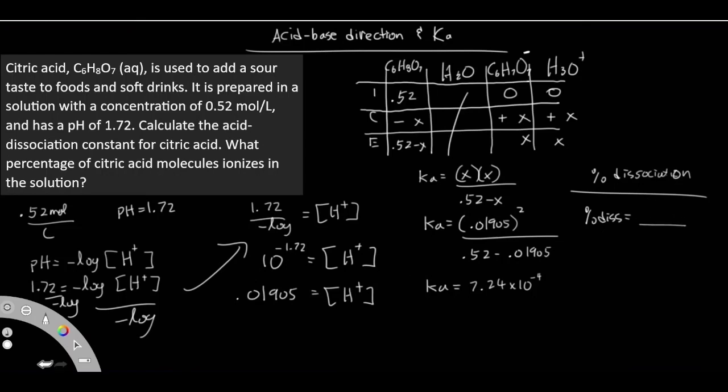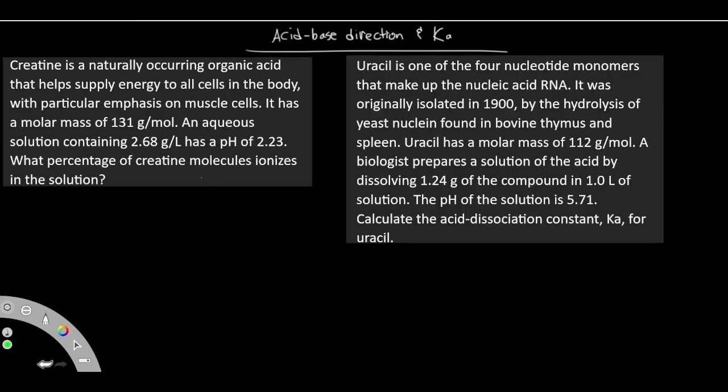Obviously what got dissociated. So we're putting 0.01905 on the top. And then what was the initial amount that we had? Well, we just had 0.52 because that's what we prepared in the beginning. So we'll put 0.52 down here in the bottom. Just divide them, multiply by 100%. What value do you end up getting for our answer? 3.7%. That's the answer.